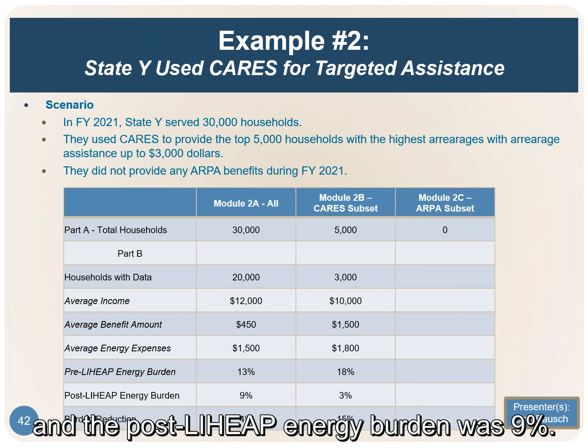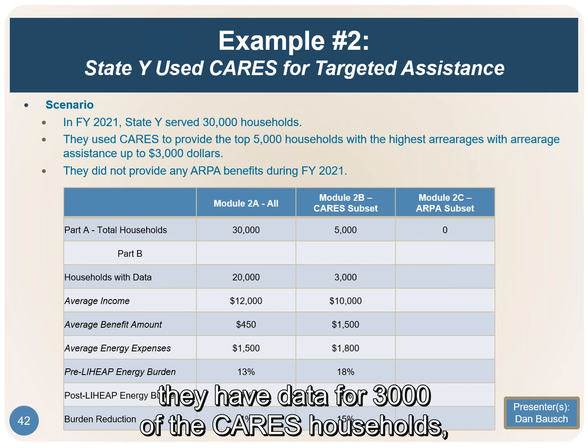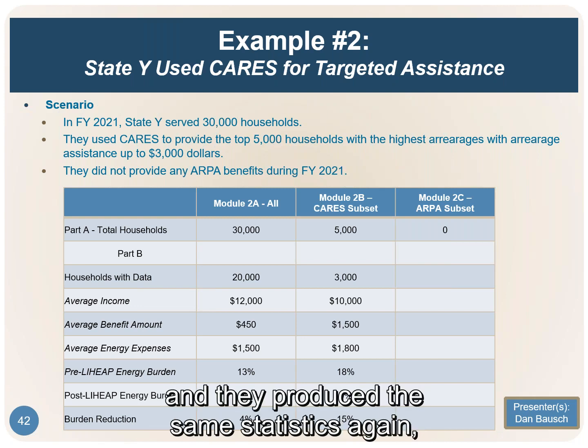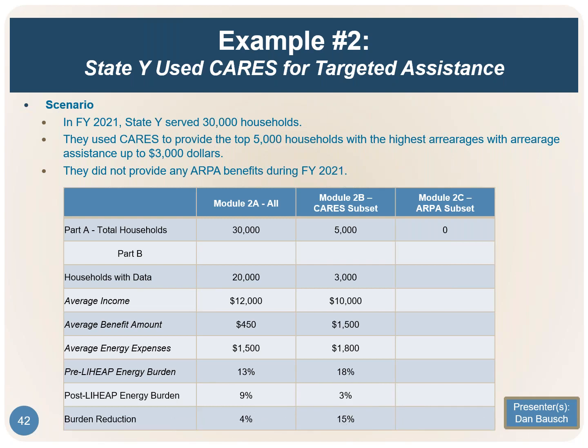If we focus in on the CARES households, they have data for 3,000 of the CARES households, and they produced the same statistics again, average income, average benefit amount.